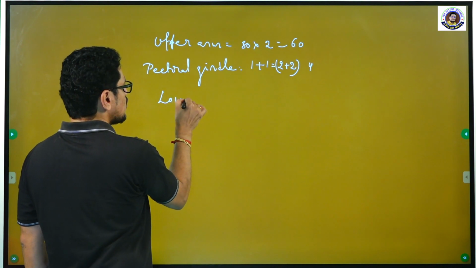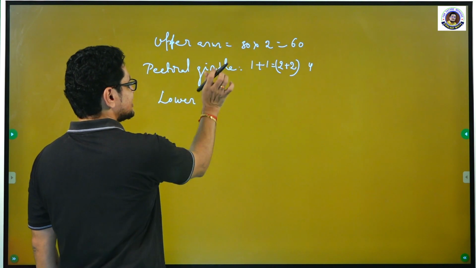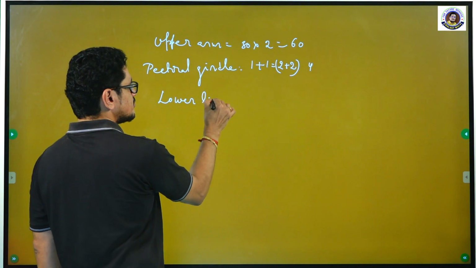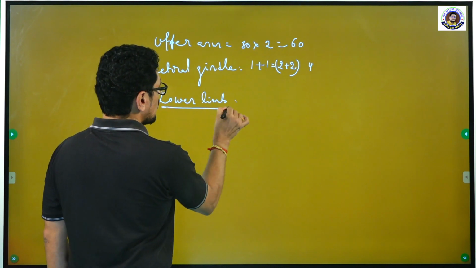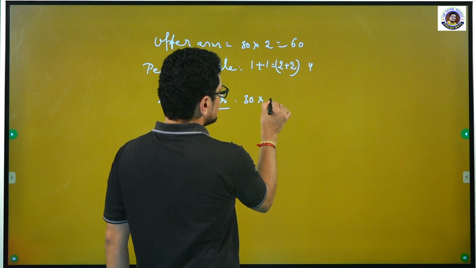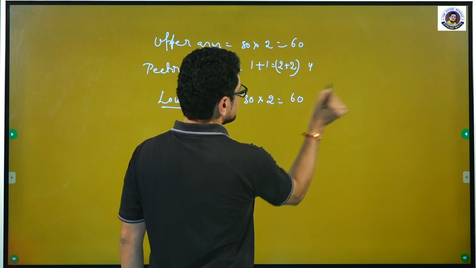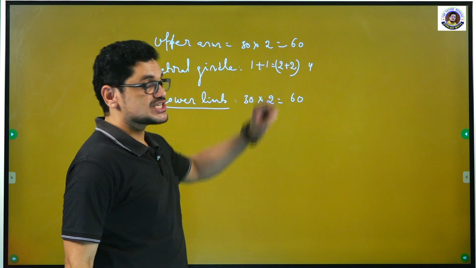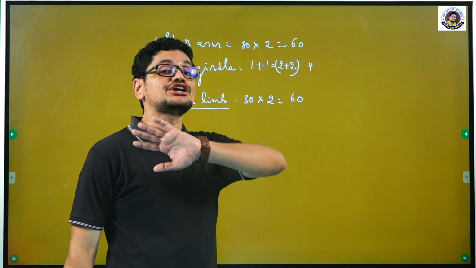And regarding the lower limb, how many bones are present? 30 into 2, 60 bones already over. So total 60 plus 60, 120 plus 4, 124 bones over.